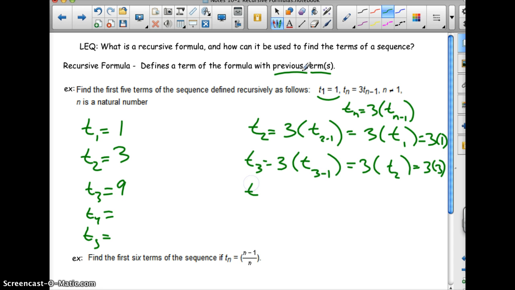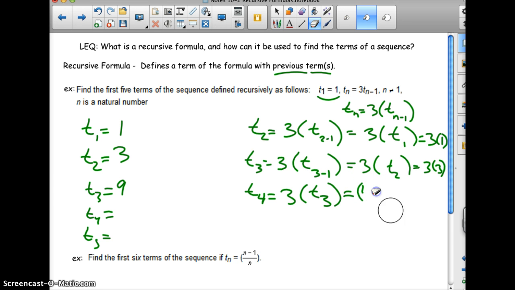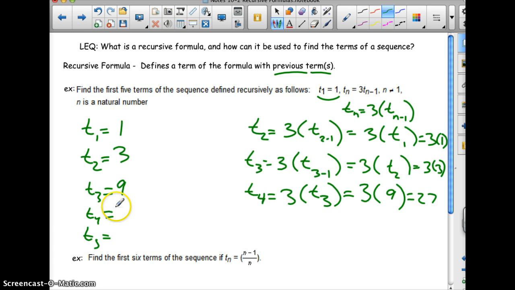And then T sub 4, 3 times T sub 3. Notice I'm kind of saving myself a little step in here because I know that 4 minus 1 is 3. And you don't need to show all of that work, right? That's really kind of extra. It's going to be 3 times, and what T sub 3 is equal to is 9, which is 27.